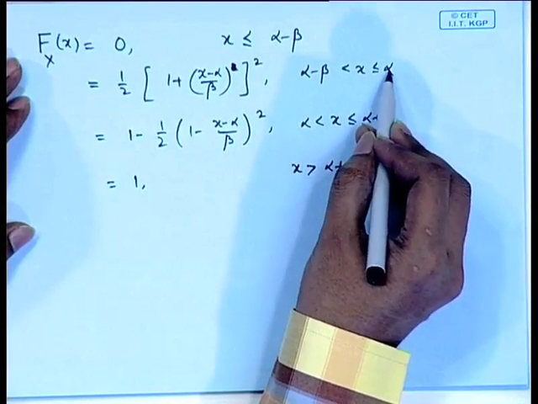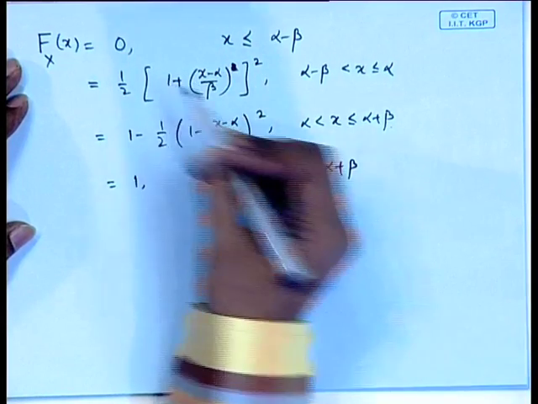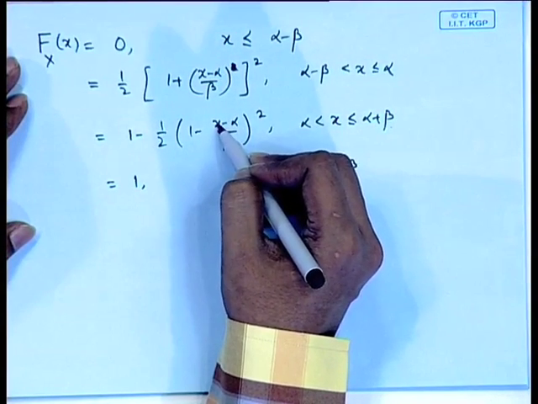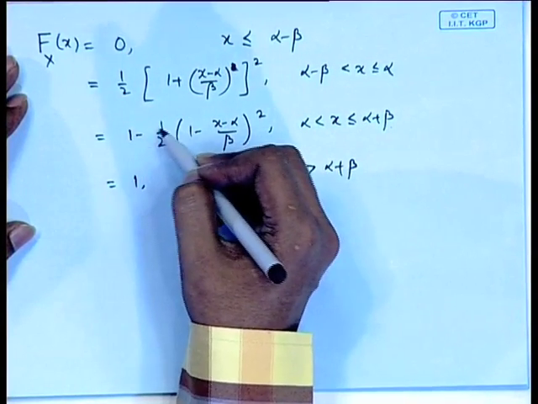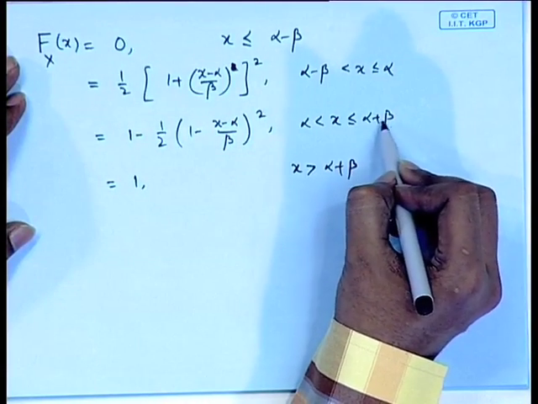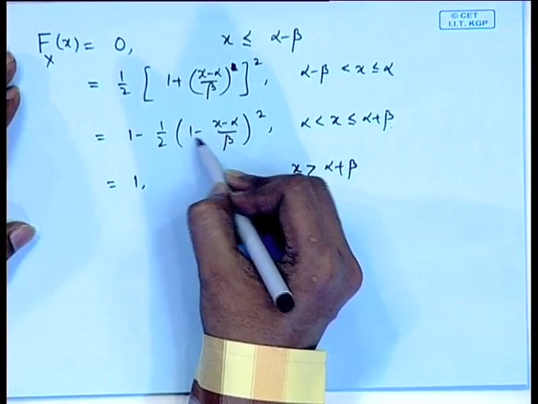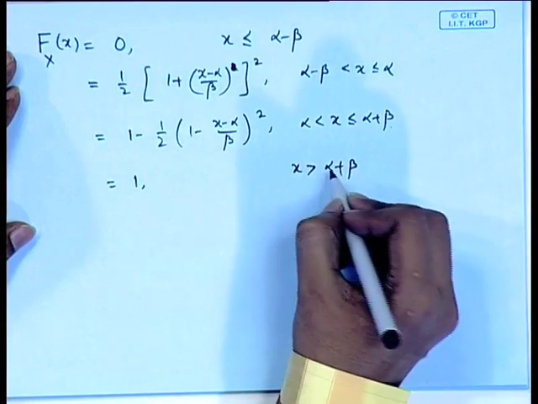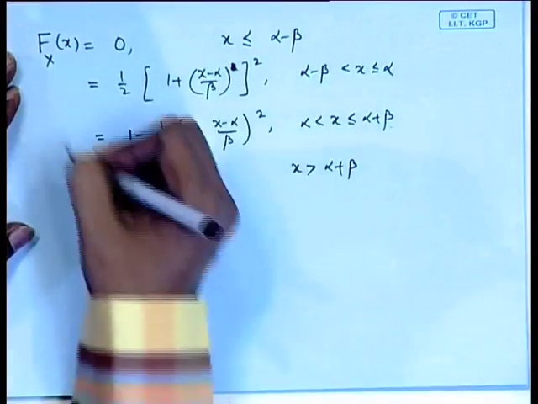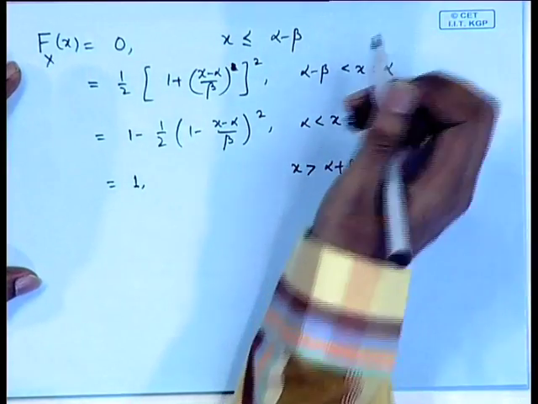If we look at the value at x equal to alpha here, this value becomes 0, so you are getting half here. If we put x equal to alpha here, this is half, so 1 minus half is half. So, the values are matching. If we look at the value at x equal to alpha plus beta of this expression, this value is 0, that means this is equal to 1, and the value here at x equal to alpha plus beta is also 1. So, this is satisfying the conditions for the CDF.